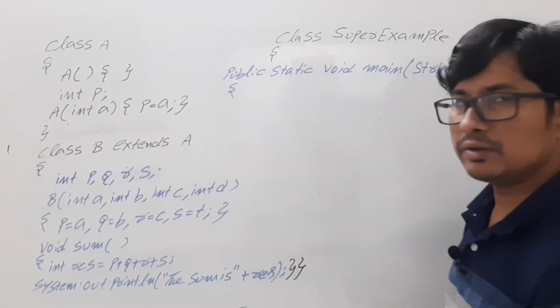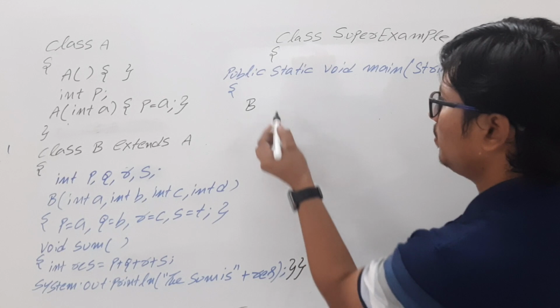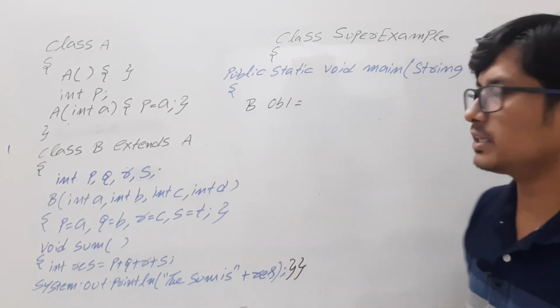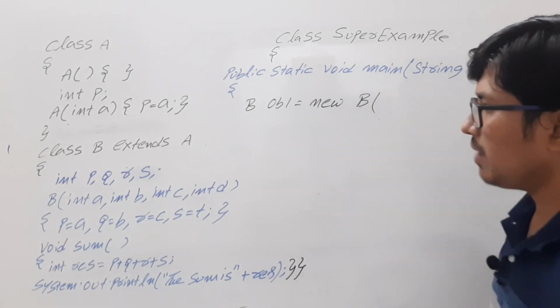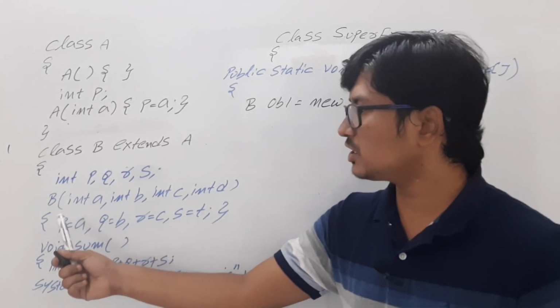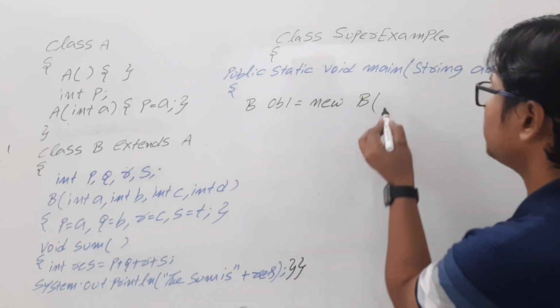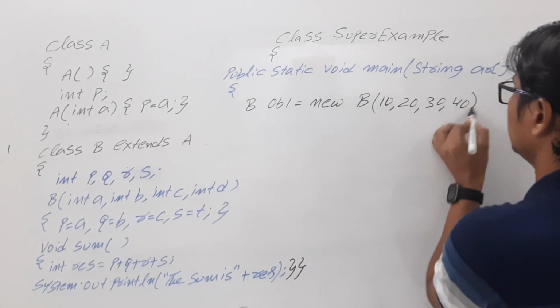Then I will create an object called ob1 for class B. You know the syntax: class name, object name is equal to new class name. As I have a parameterized constructor that takes 4 values, let me pass 4 values here: 10, 20, 30, 40.